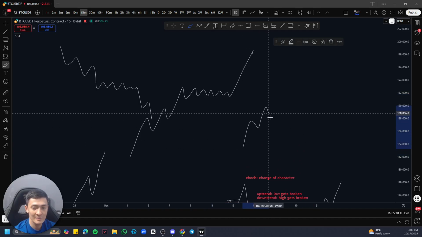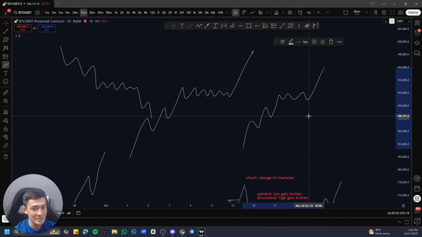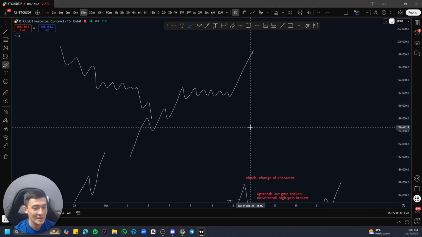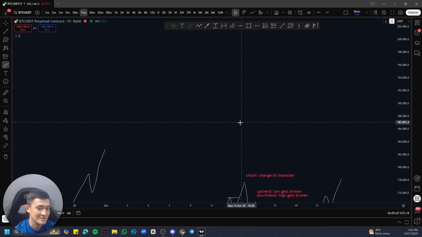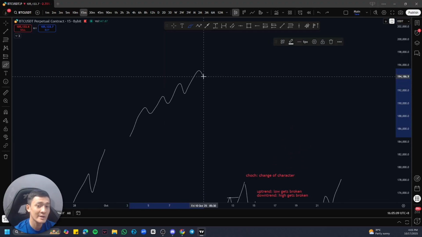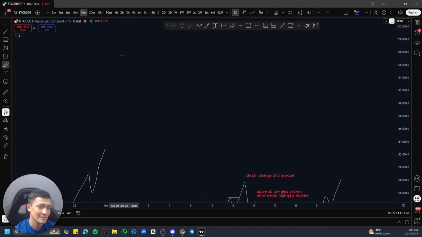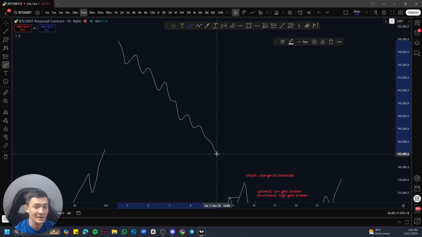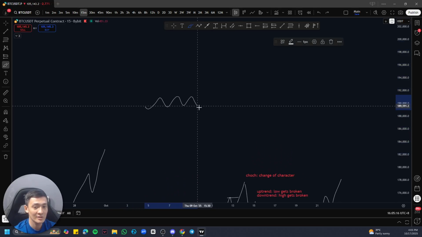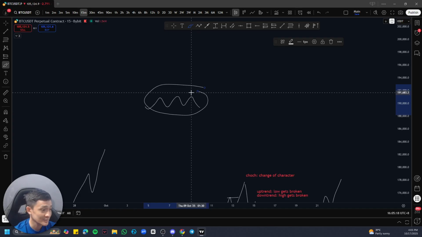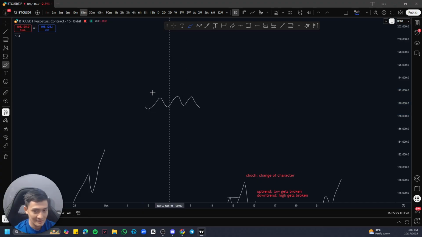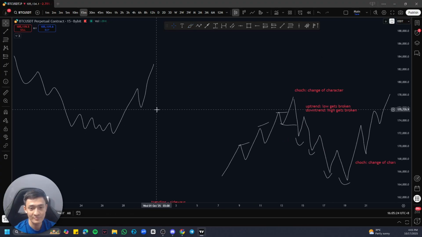It could be trending market, sideways, continuation. But before and after every trend, there's always a sideways. The price doesn't always go up forever and ever. It doesn't always go down forever and ever. There's always a consolidation somewhere in between, because the market needs to rest, right?